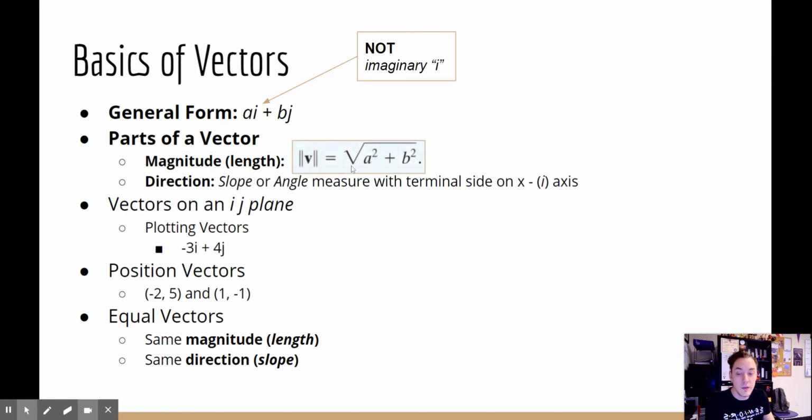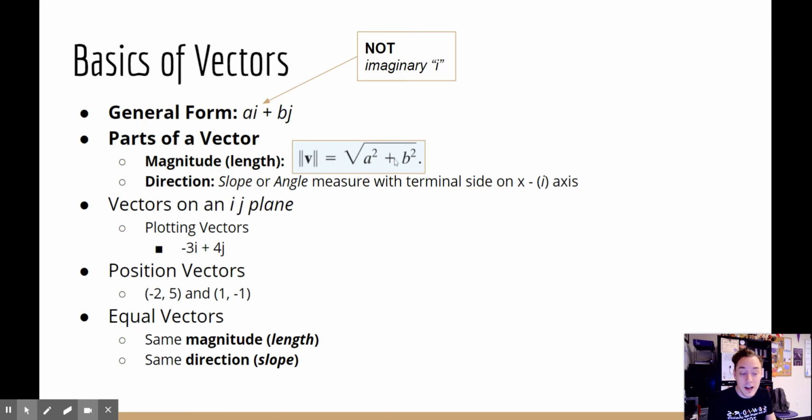Okay? And this is the formula for magnitude, or what we call the length. So I use double bars right here. You'll see that often. And then v, that's how I name a vector. So vector v, it's kind of bolded there. This is technically saying the magnitude of vector v equals the square root of a squared plus b squared. Now that should look very familiar to you.